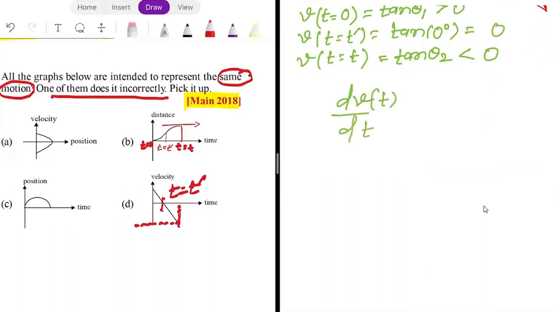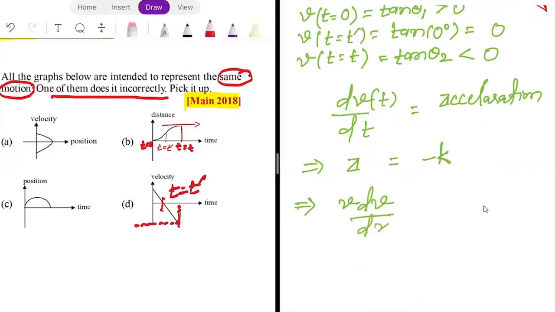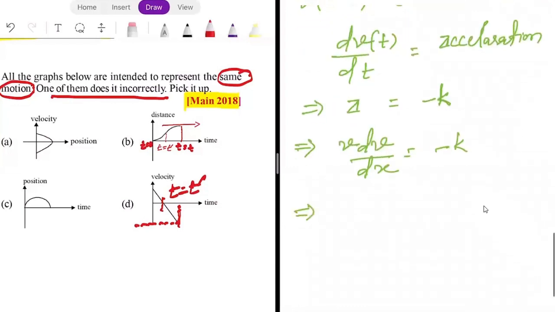And derivative of v, we know that dv(t) by dt is equal to acceleration. This implies acceleration a is some constant negative k from graph D. We also know that acceleration can be written as v dv by dx, which is here negative k. This implies v dv equals negative k dx.